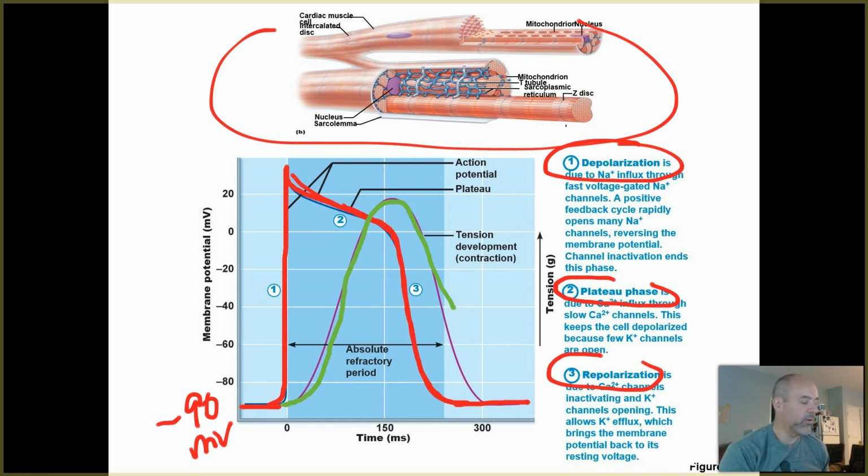So just like what you have with your skeletal muscle fibers, those electrical changes around the surface of the cardiac muscle fibers leads to actin and myosin filaments, those proteins forming cross bridges and sliding across each other and generating tension within those cells. That's what they're graphing for you along the purple line. This is more tension within your cardiac muscle fibers. This is less tension, and they're showing you how that times with the electrical activity around the heart.